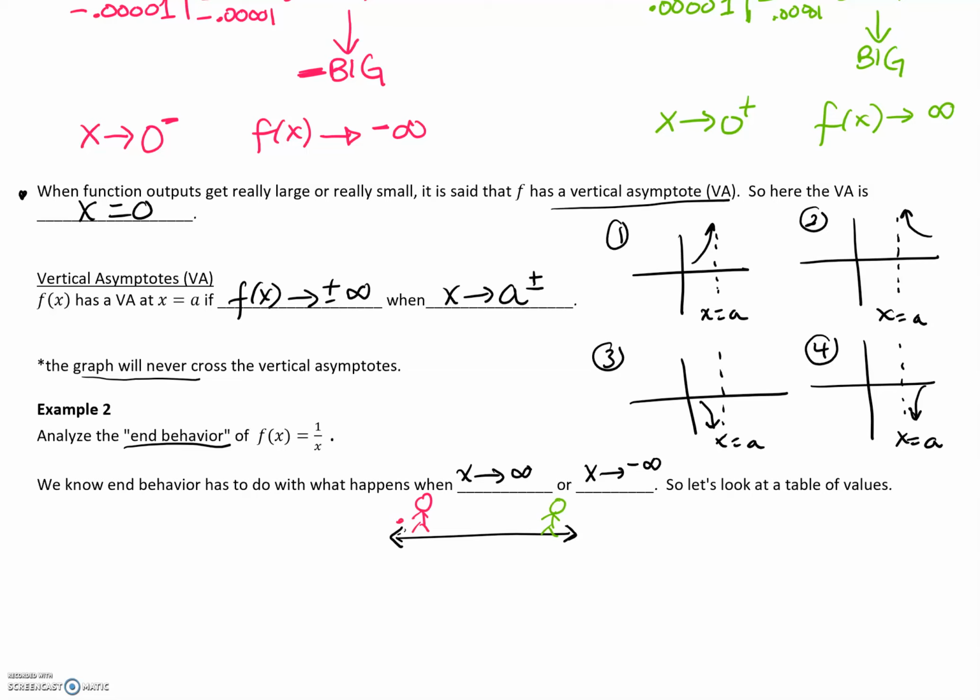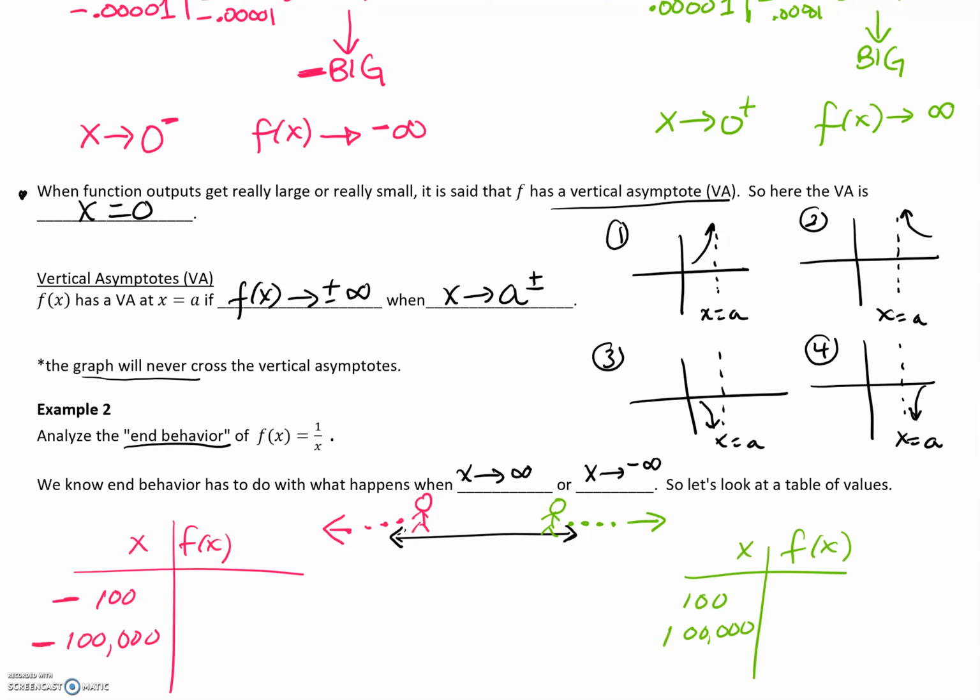So now I'm basically interested in what happens to my graph when I walk all the way to the left in this case with the red little person, and then all the way to the right with the green person. So if I'm walking all the way to the left, remember I'm interested in this function 1 over x, so I'm putting in 1 over negative 100 for my x, and that's going to give me negative 0.01.